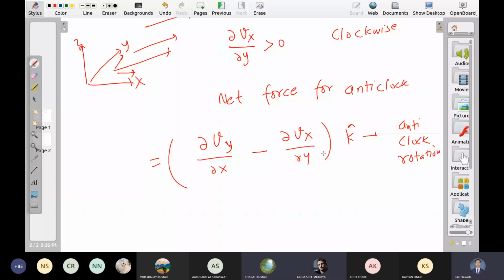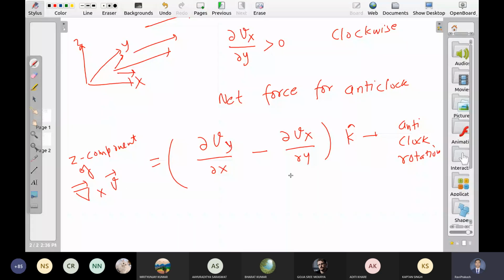Sir, cross product. This is what? This is the z component of this curl, right? So the z component of this curl tells you the effect of air in the xy plane.